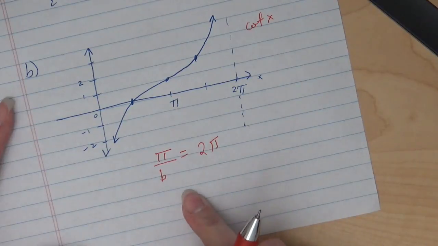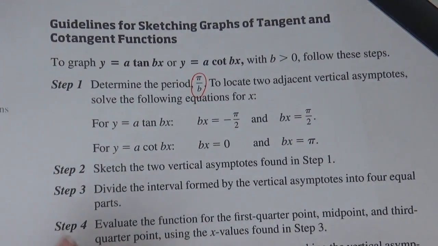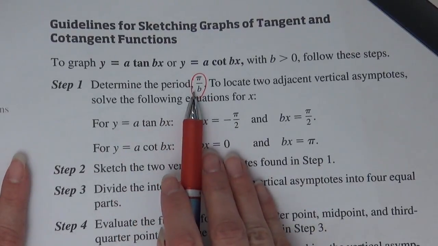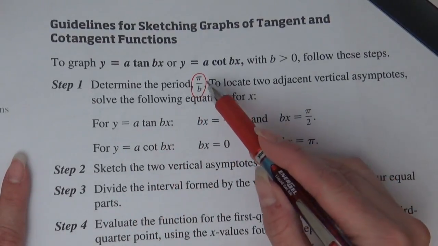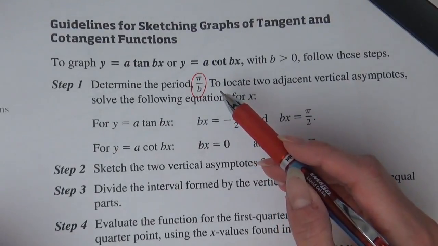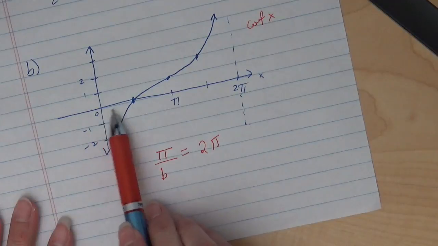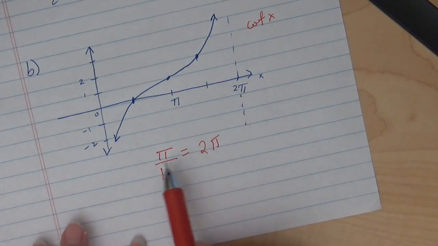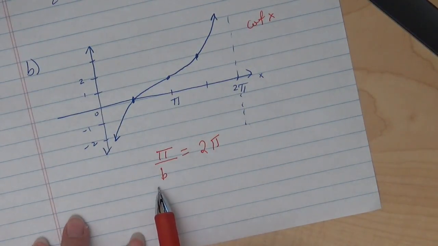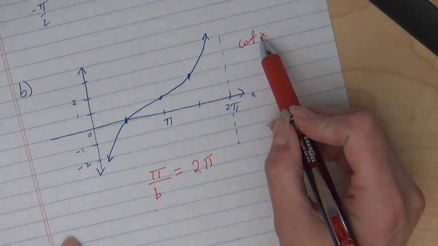Now, where am I getting the pi over b? Go back to your rules, your techniques for graphing. To determine the period for the cotangent and tangent functions, we were told it was pi over b. So I set pi over b equal to what I see as my period. It goes from 0 to 2 pi. Solving this for b gives me the coefficient on x.